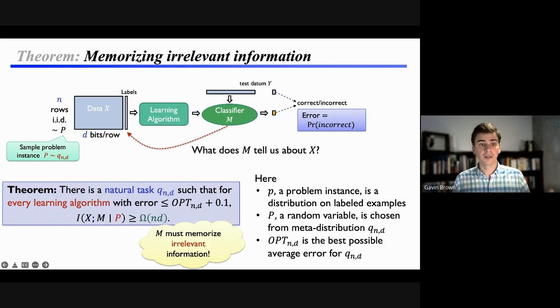And furthermore, it must memorize that much irrelevant information. To emphasize the notation here, little p is a problem instance, a distribution on labeled examples. Capital P is a random variable chosen from this meta distribution. And opt is this best possible average error, the Bayes optimal error for the task.